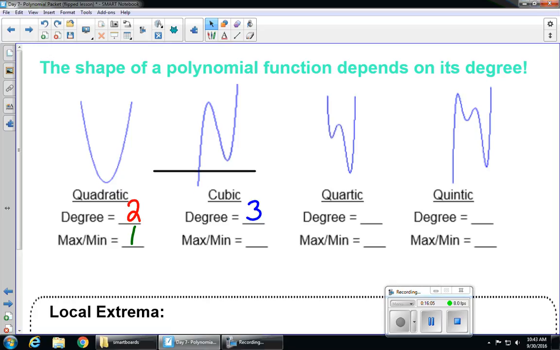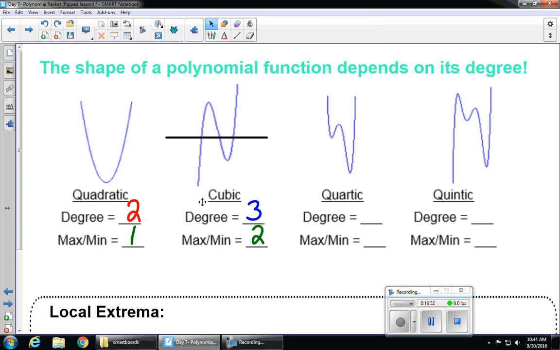If I keep moving up here, it would have a single root and a double root, or a multiplicity of 2 where it bounced. So it would only have 2 solutions. And then if I keep moving it up even further, it would have 3 solutions. And if we take a look at our maximums and minimums, there's 1 max and 1 min for a total of 2.